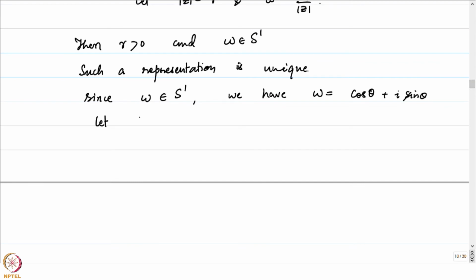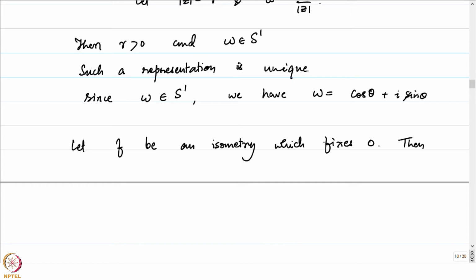So, let F be an isometry which fixes the origin. Then we know that there is alpha in S1 such that f of z is equal to alpha times z, and let alpha be equal to cos theta plus i sin theta, let us say.